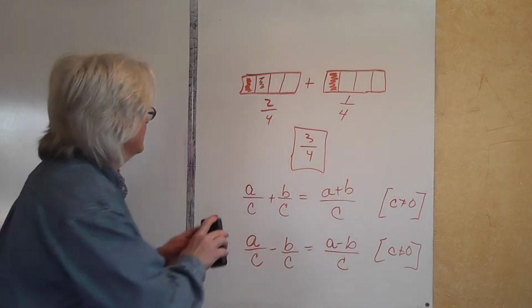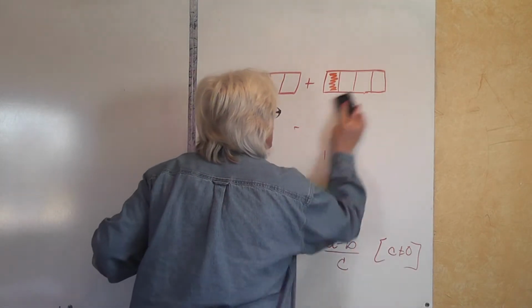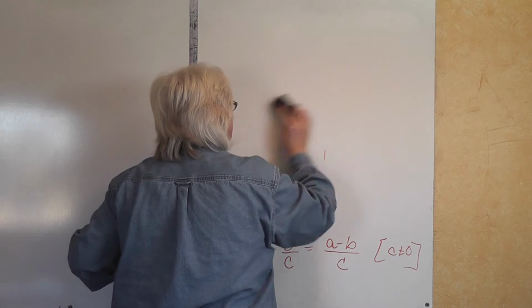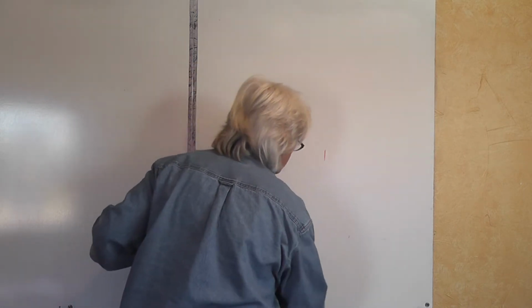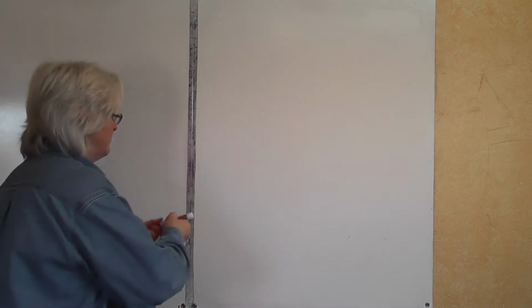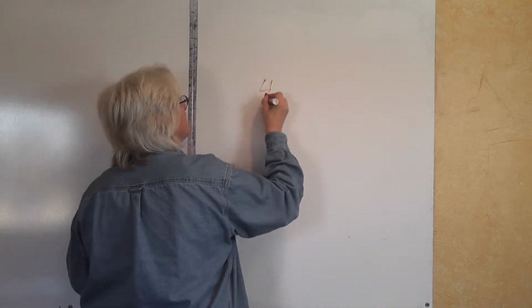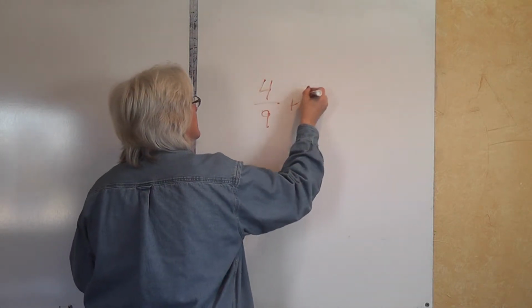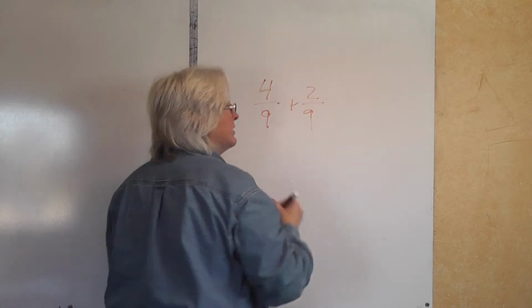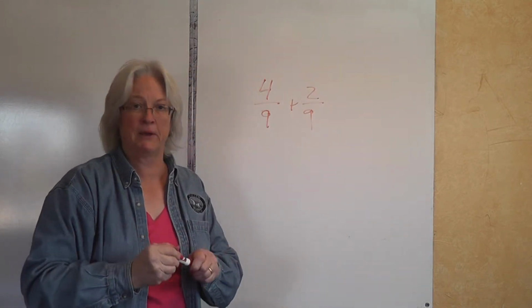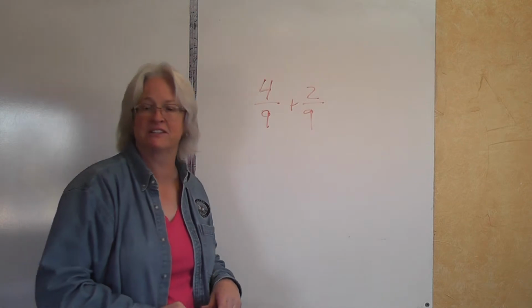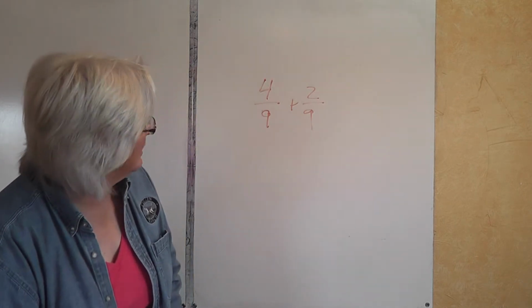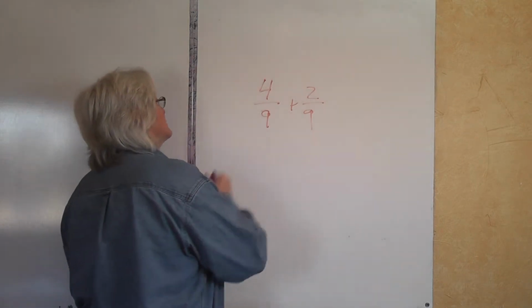4/9 plus 2/9. Now if I were in my class at co-op, I'd pick this up and pitch it across the room, so I just, here, finally hit the ground. 4/9 plus 2/9.